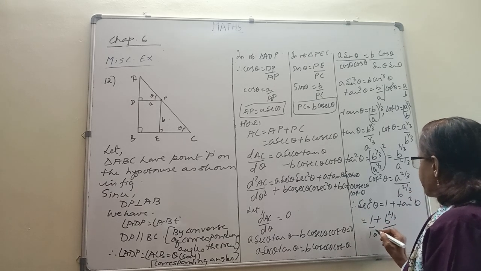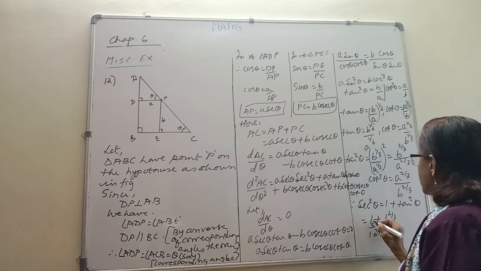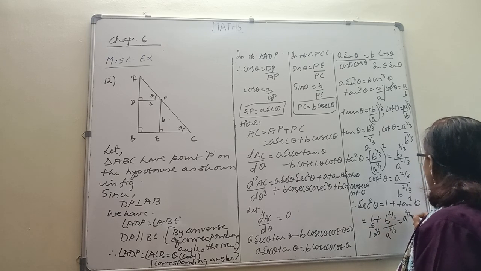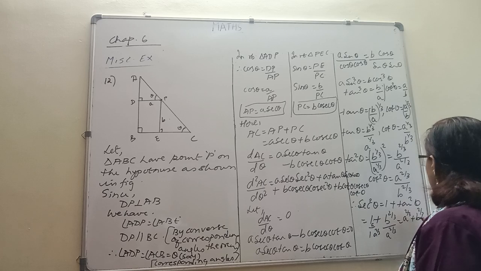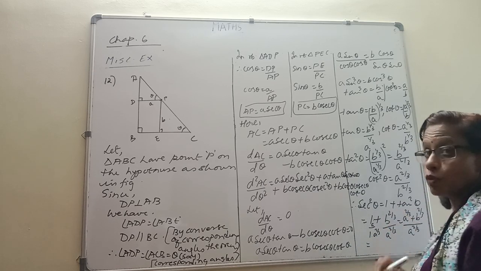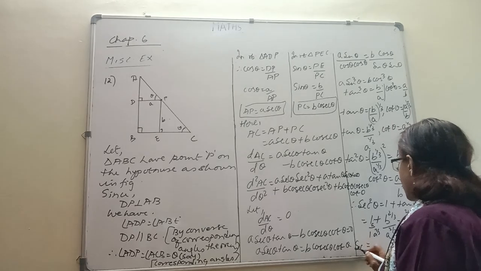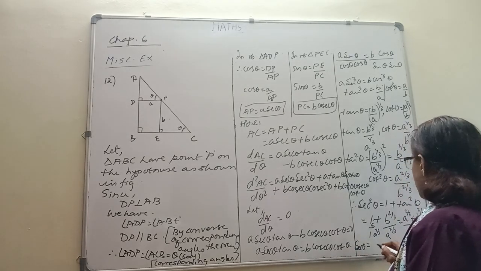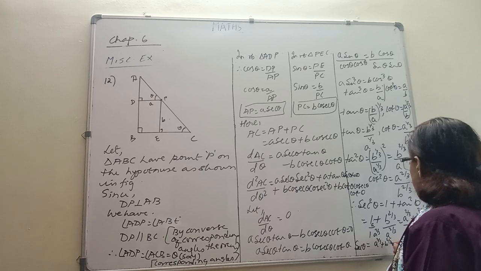Let's equalize the denominators, so this is going to be a raised to 2 over 3 plus b raised to 2 over 3 over a raised to 2 over 3. So when we want only sec theta, it's going to be the square root of this. So it's going to be a raised to 2 over 3 plus b raised to 2 over 3, square root, and the square root of this.